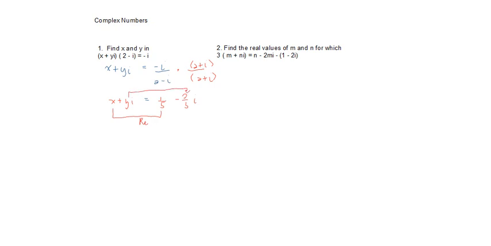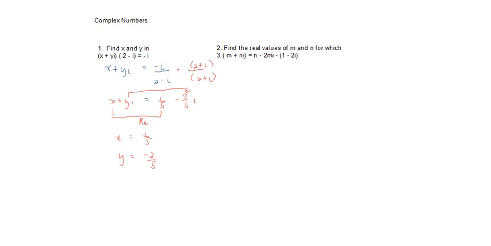So if we're looking for the values of x and y, we can say that x is equal to 1/5 and y is equal to negative 2/5. Okay. If you have time, you can substitute the values and see that they really have a product which is equal to negative i.